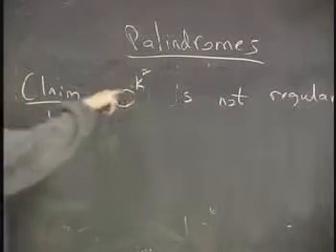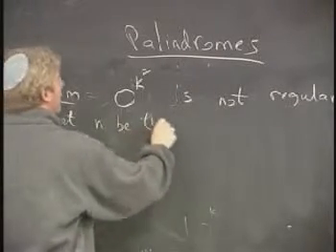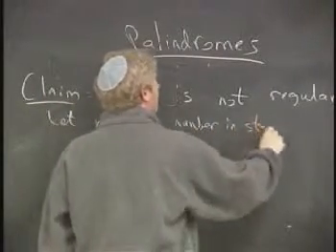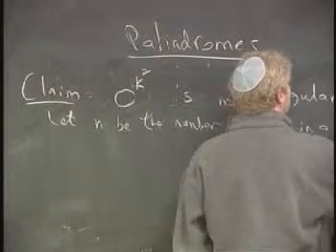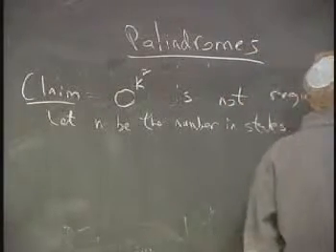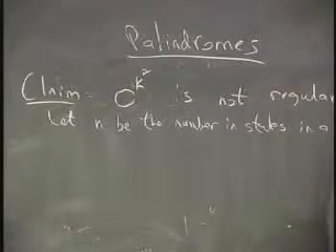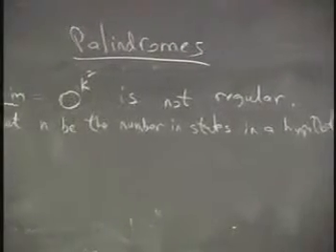Let's not use k because I have k here. So let n be the number of states in a hypothetical machine for 0 to the k squared. Okay. That's step one. That's this top step.